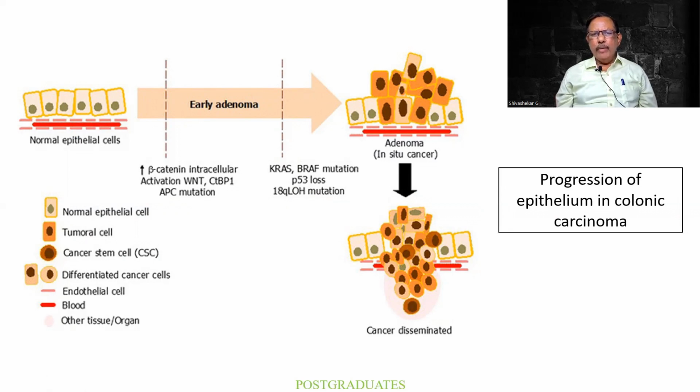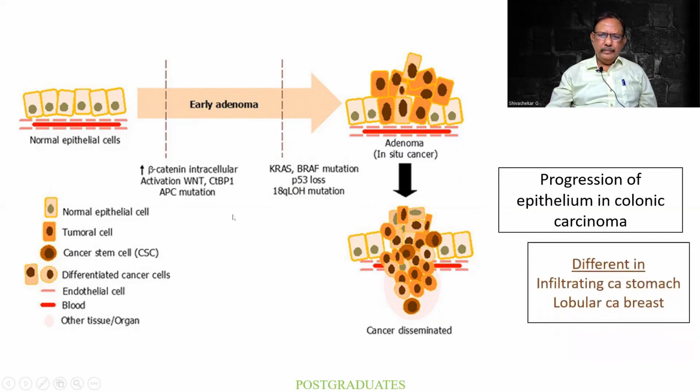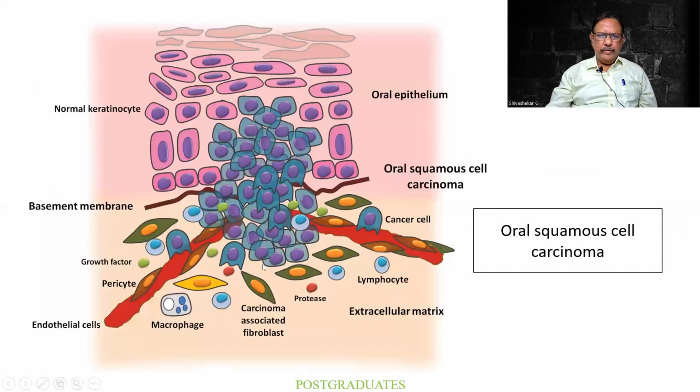It becomes something more primitive and then it can go in another direction of the mesenchymal tissue. So this is a progression of the colonic carcinoma. It is different in the case of infiltrating carcinoma of the stomach and lobular carcinoma of the breast.